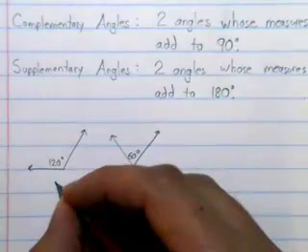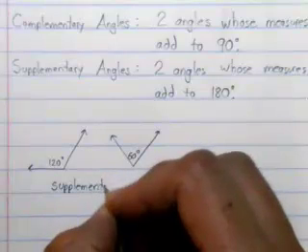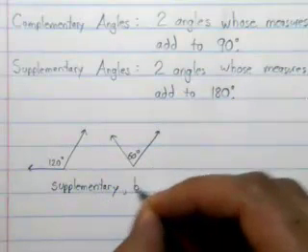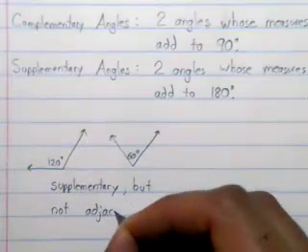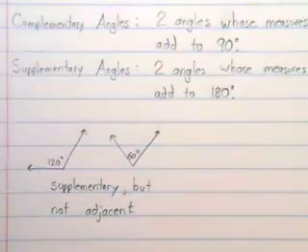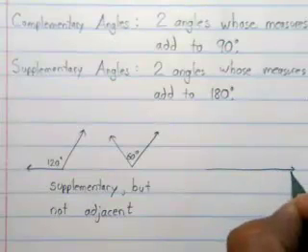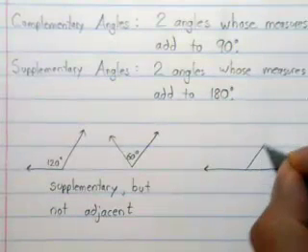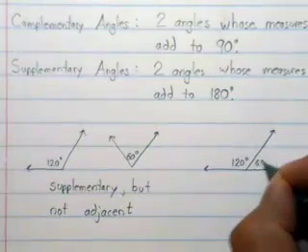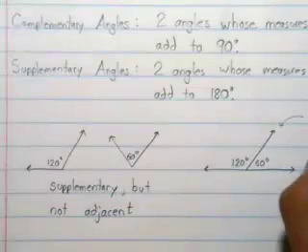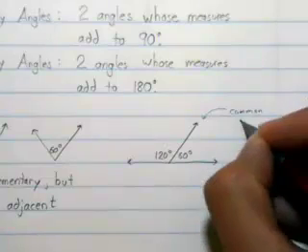Now if they happen to be adjacent, which means they have a common ray, so there's the 120, there's the 60. This is called a common ray because they share that ray.